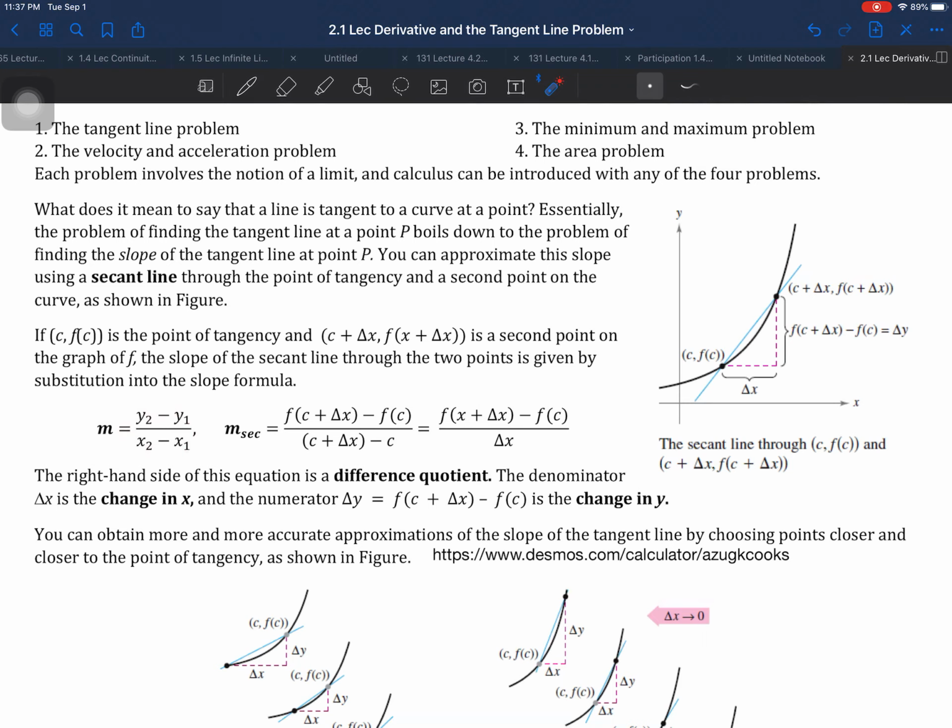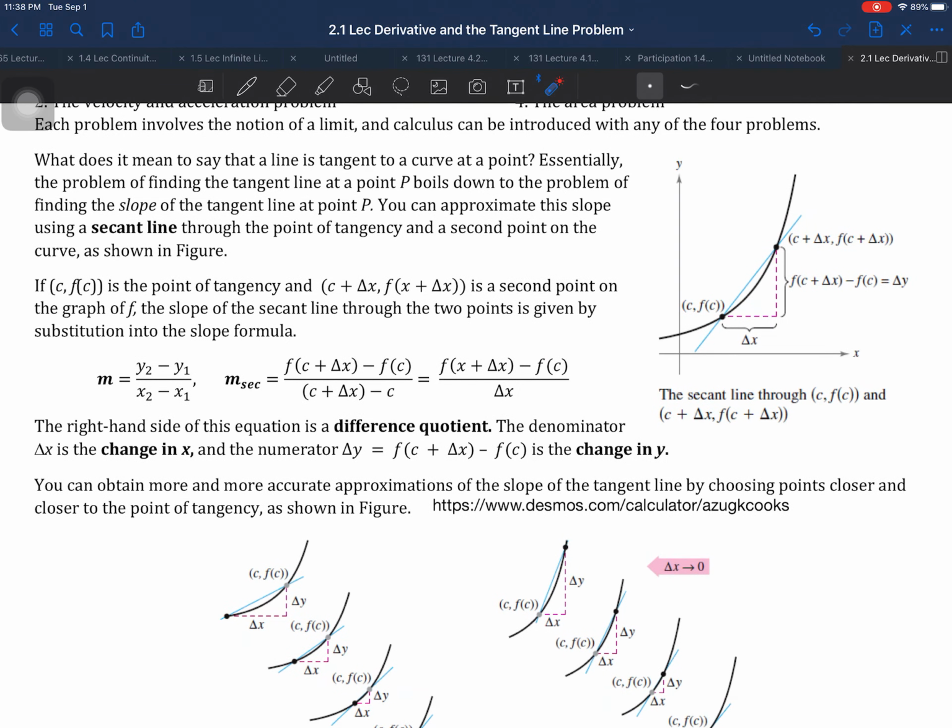Well, now we can extend it and say we can find the slope of the secant line by taking the second component of the second point minus the second component of the first point, all over the first component of the second point minus the first component of the first point, assuming that these two are the points. And if you notice, we cannot simplify the top, but we can simplify the bottom because these two c's will cancel each other out. So basically every secant line can be described as this.